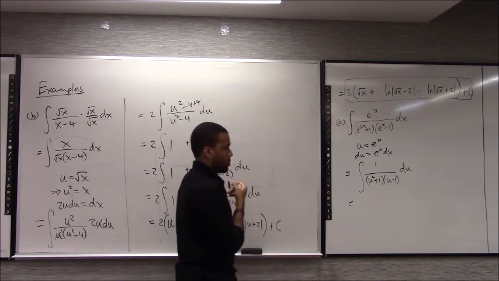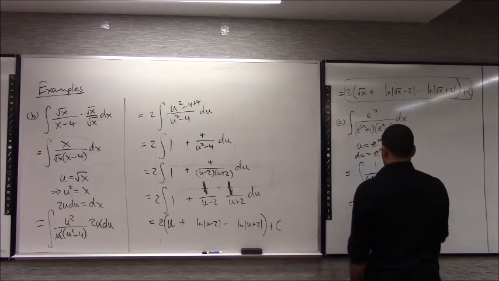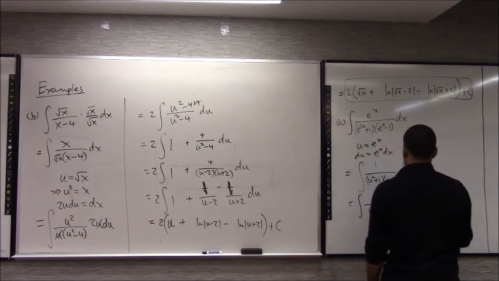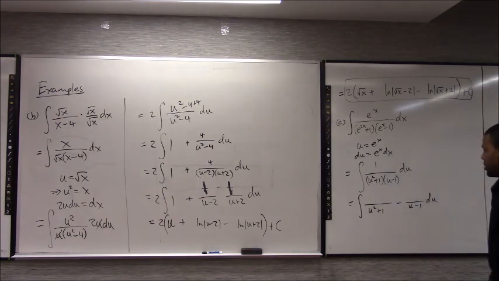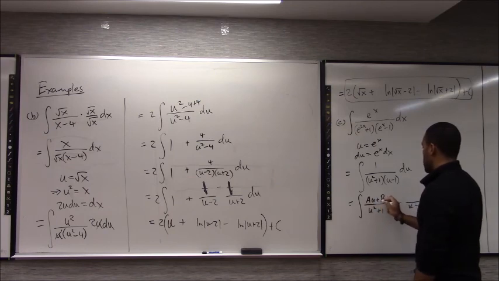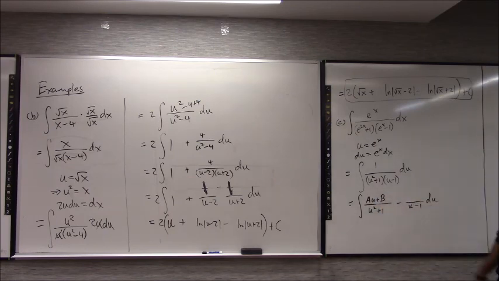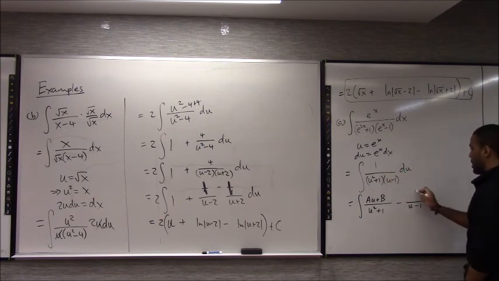Partial fractions. The value over u minus 1 is going to be 1. Here it's going to be au plus b, and over here, if I cover that up and plug in u equals 1, I get a half.